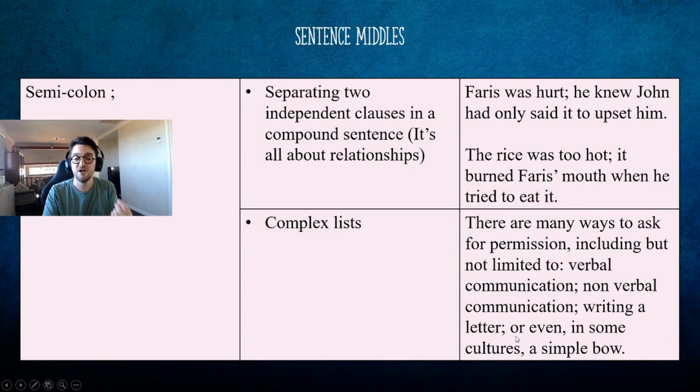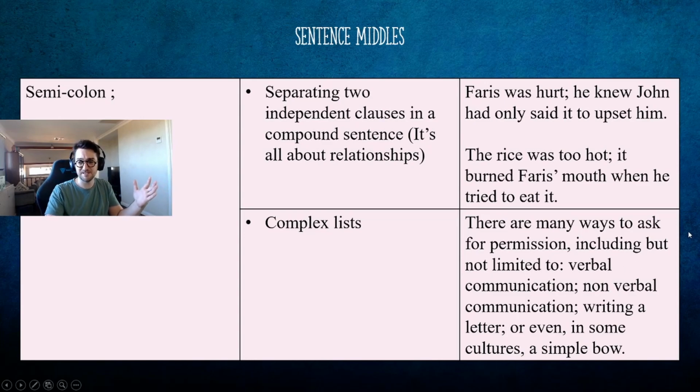Writing a letter, or even in some cultures, a simple bow. Now that required commas because there are dependent clauses and independent clauses in there. So it's far too complex to just have commas separating the items in the list, because once you get to here and you're using commas, is this a new item in the list? No, it's one item in the list separated by a semicolon.